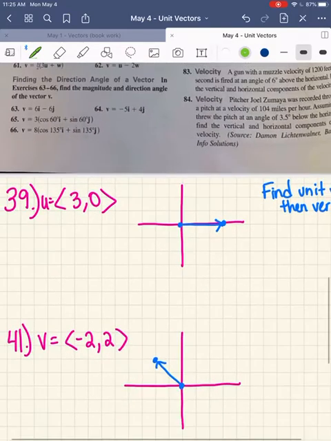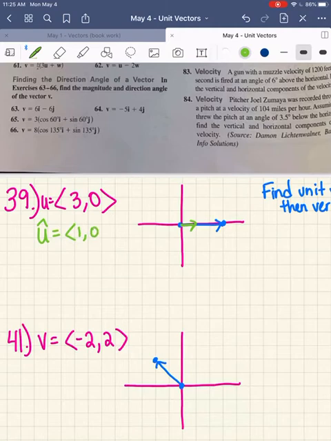So it is not a unit vector, but in order to find u hat, the unit vector, we just need to scale it back. If this vector u is 3 units, we just want to scale it back by dividing by 3. So essentially, how long is this green vector now? It's 1 unit. Well, 1 unit in which direction? It's going to the right, so it's going to be positive 1 and then up none.